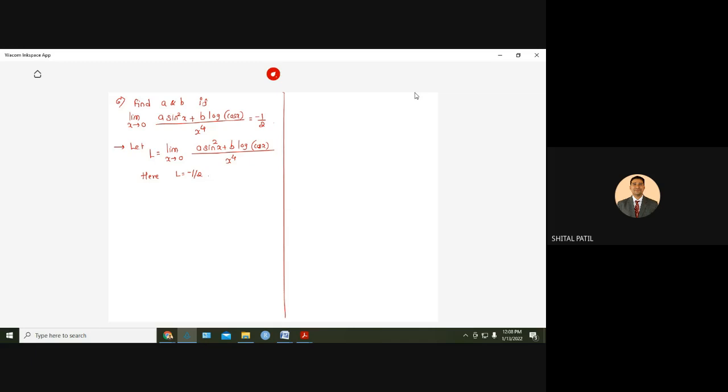Then substitute x equal to 0 and see what we are getting. Sine of 0 is 0, cos of 0 is 1, but log of 1 is 0.